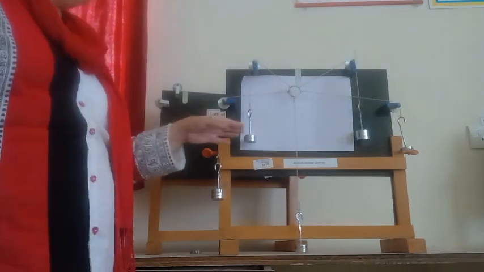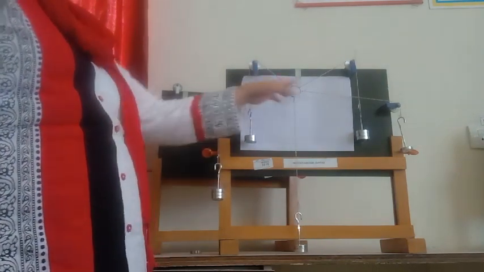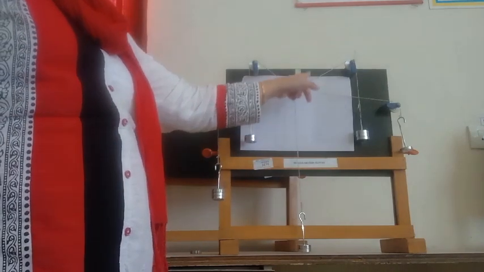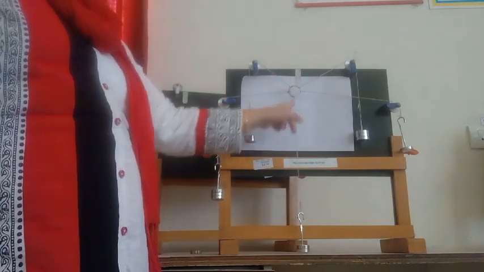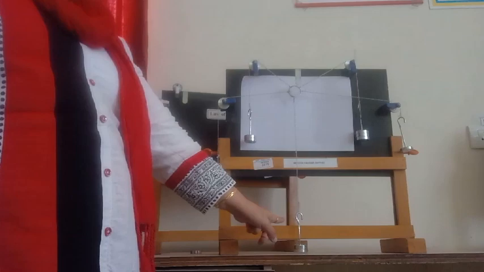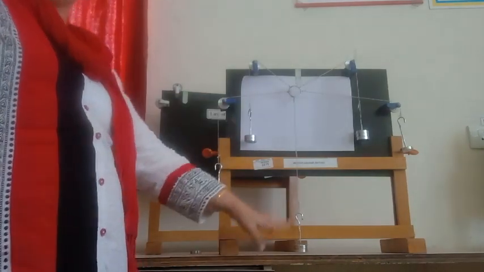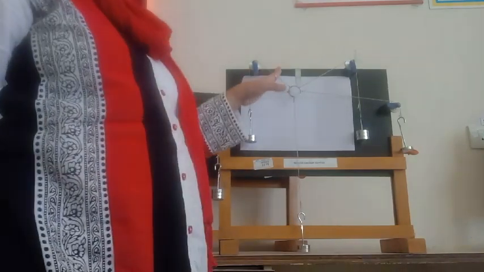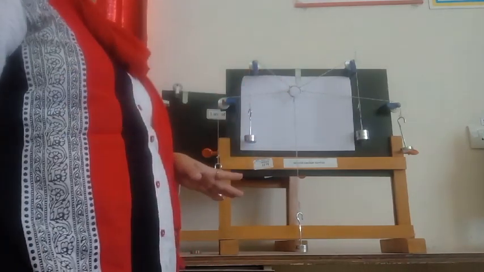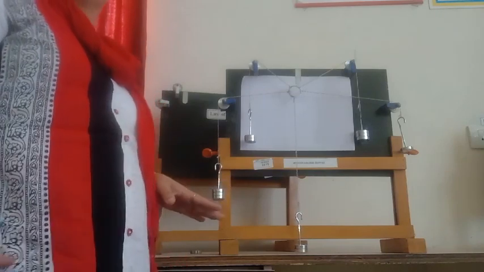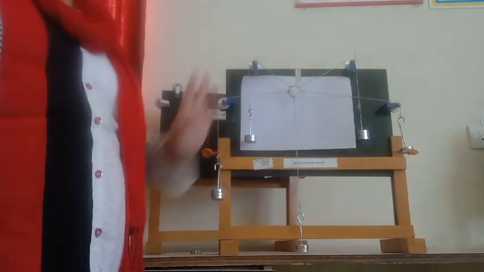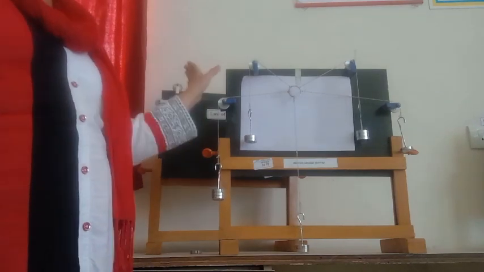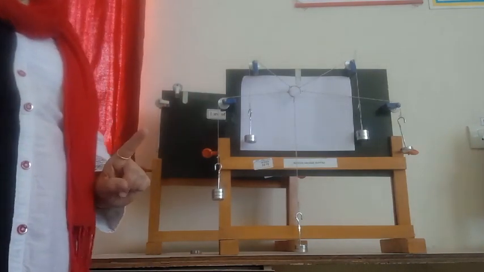So from the experiment I can find out the angles of these forces with respect to the x-axis: theta 1, theta 2, theta 3, theta 4, and the vertical one, that is theta 5. Okay, with this I will be able to plot the concurrent force system and measure the angles with respect to the x-axis. This is for the first reading of the experiment.